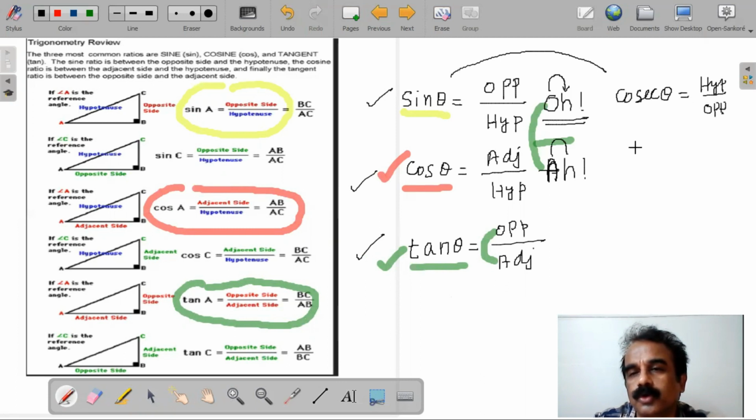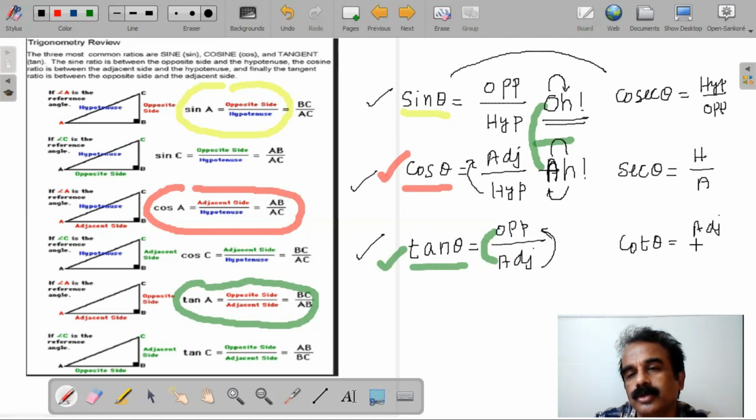Then the reciprocal of cos is sec theta, hypotenuse by adjacent. Then the reciprocal of tan is cot theta, adjacent by opposite. This is the basic of trigonometry.